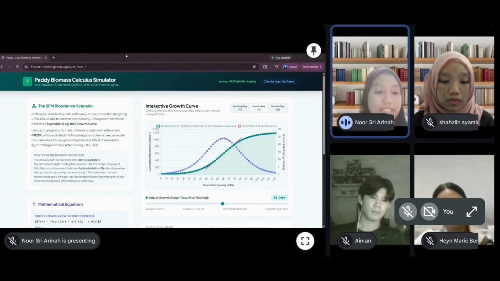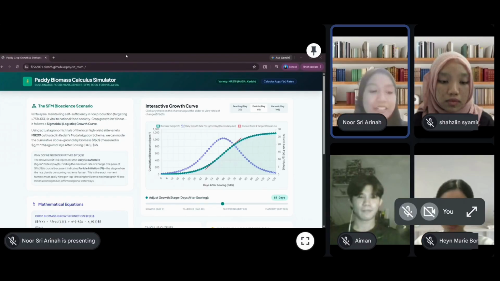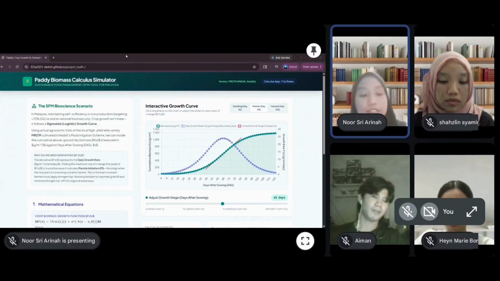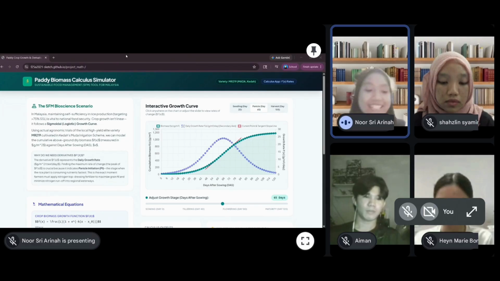By analyzing the mathematical rate, we can pinpoint the optimal point, the threshold where fertilizer efficiency is at its peak before entering the phase of diminishing returns. This prevents wastage and protects the soil.